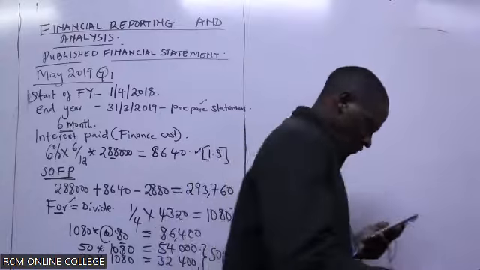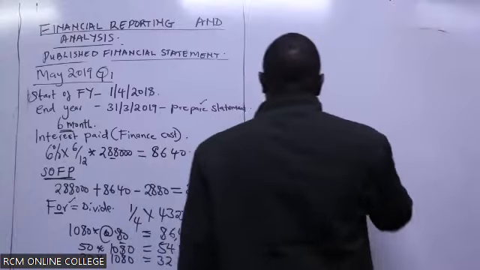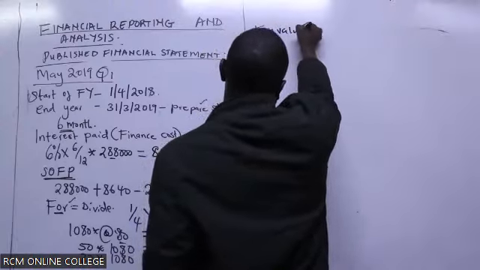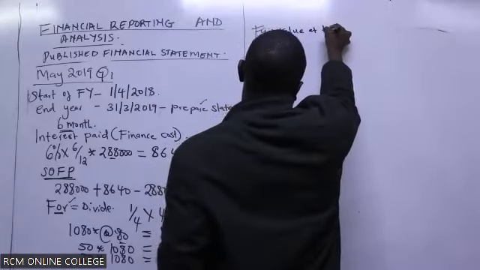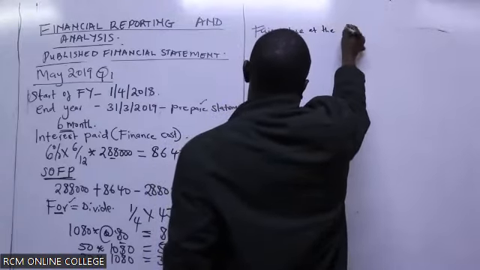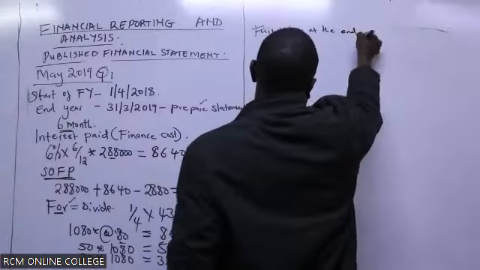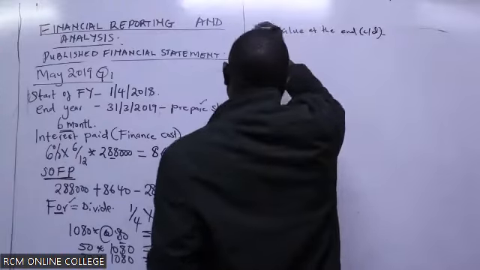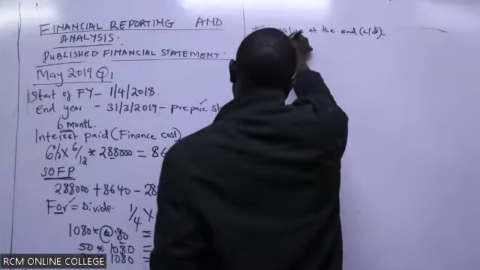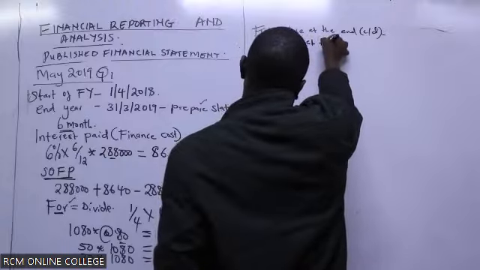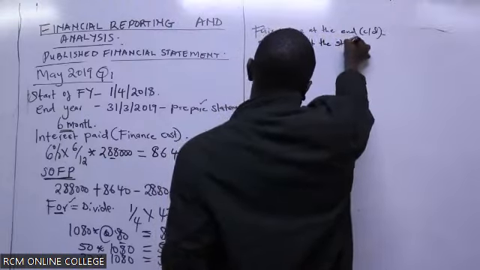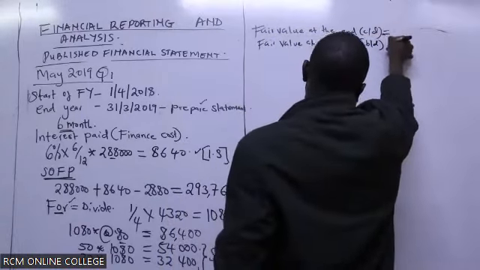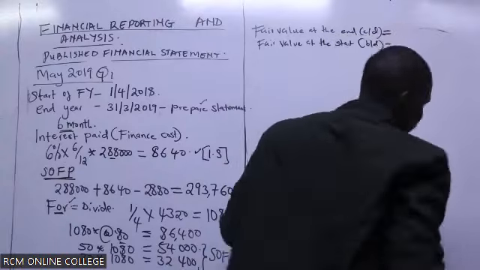So in this case, fair value at the end, this we usually call it carried down. And then fair value at the start, brought down. Who can give me the fair value at the end and the fair value at the start?